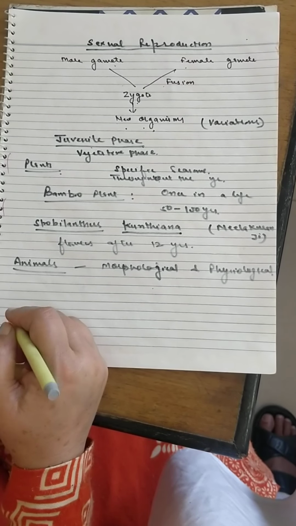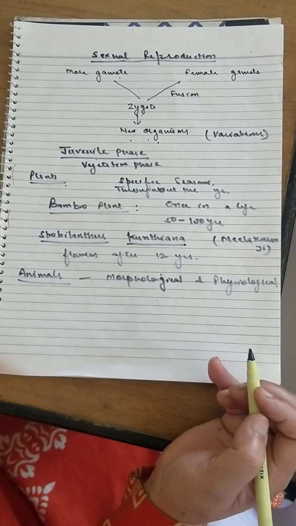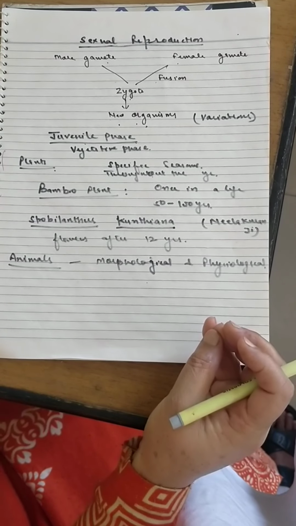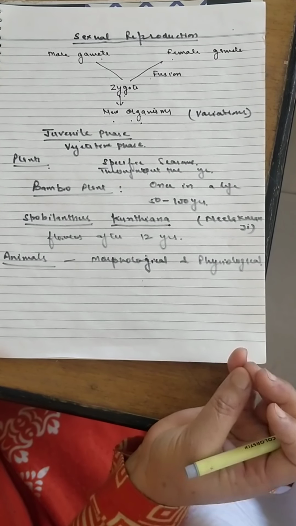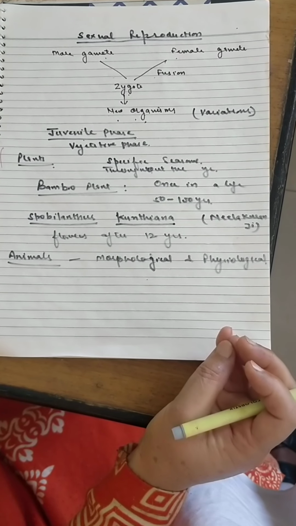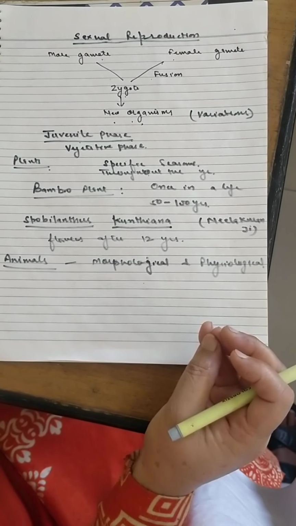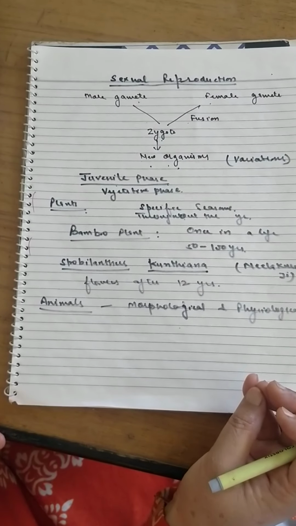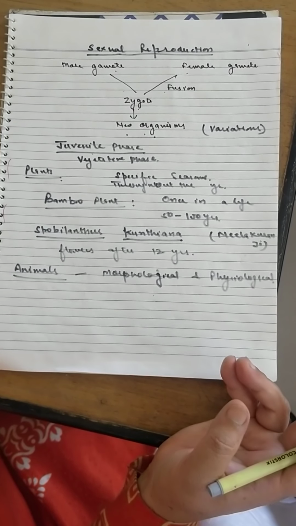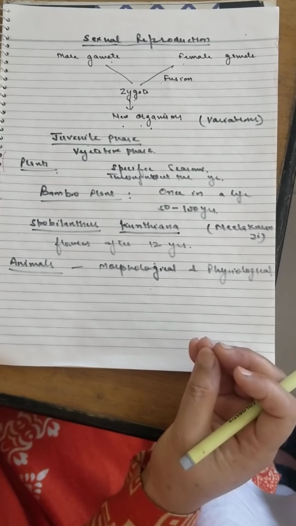Suppose in birds, most birds lay eggs only in certain seasons. But in captivity, in poultry farms, birds can lay eggs throughout the year. That is just exploitation for human welfare. Otherwise, they lay eggs only in particular seasons.